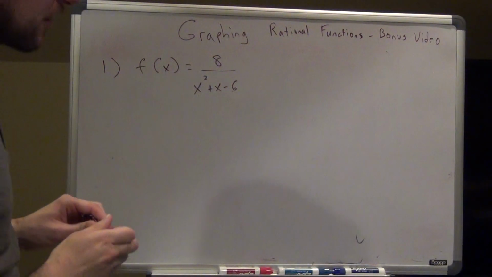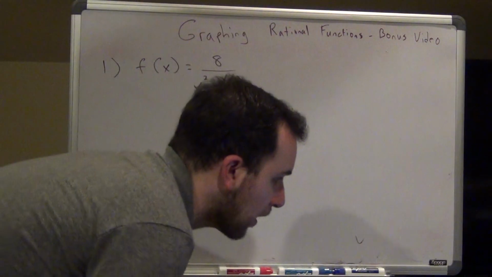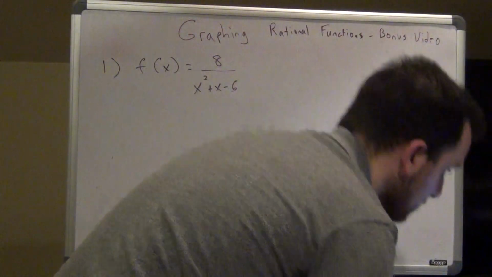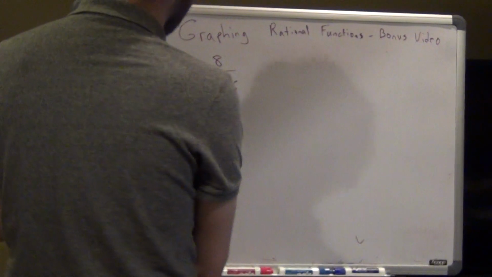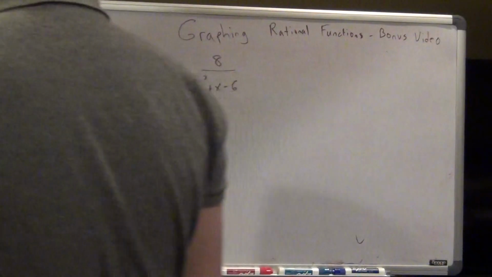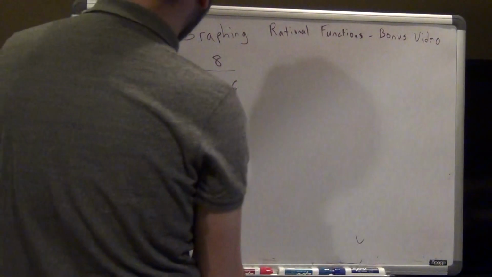So, if I were to find my x and y intercepts, there's going to be a y-intercept at 0 and negative 4/3. Just want to get that in decimal form. It's always easier to graph a decimal. So that's going to be about negative 1.3, okay?